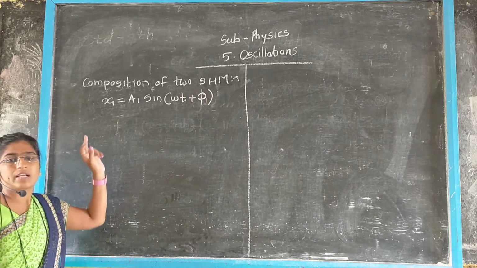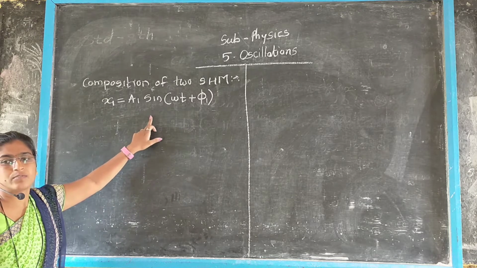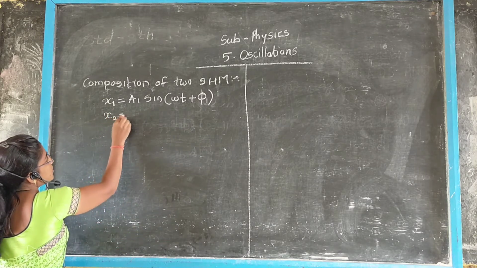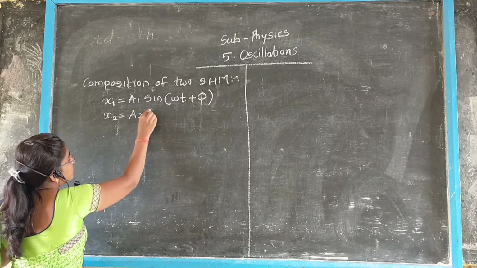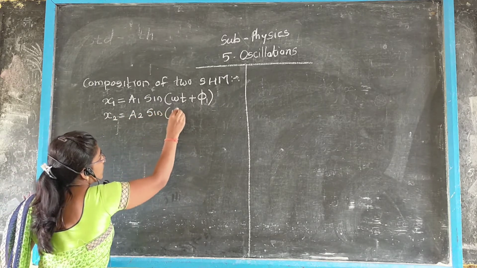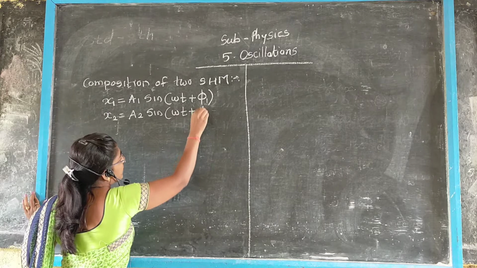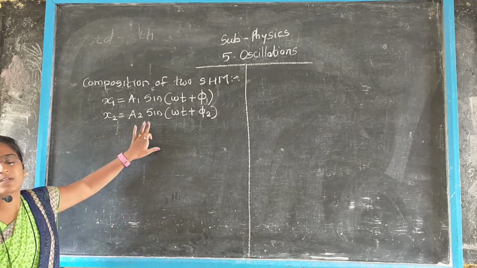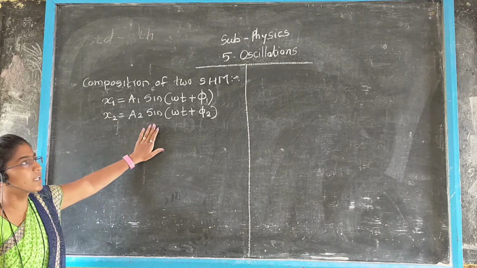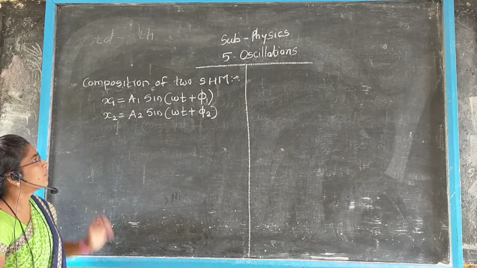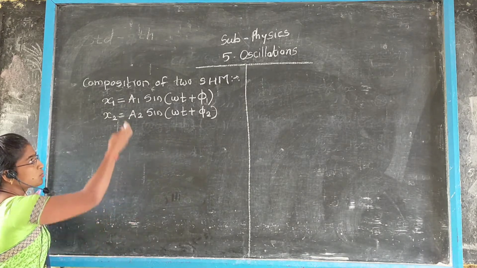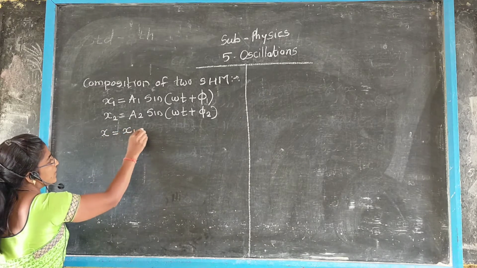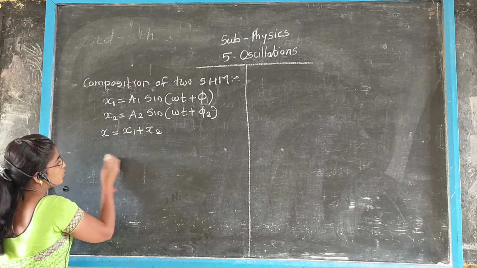This is the equation of displacement of the first SHM, and x2 is equal to a2 sin(omega t plus phi 2). This is the equation of displacement of the second SHM. Therefore, for the composition of these two SHM, we get x is equal to x1 plus x2.